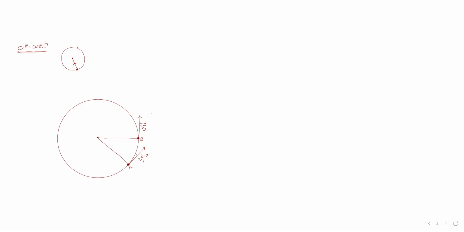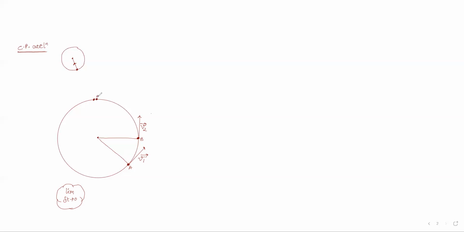But when we analyze it mathematically, we have the restriction that we need to take the limit delta t approaching 0. This is an important consideration. We need to analyze the motion by considering the 2 points which are infinitesimally close to each other.